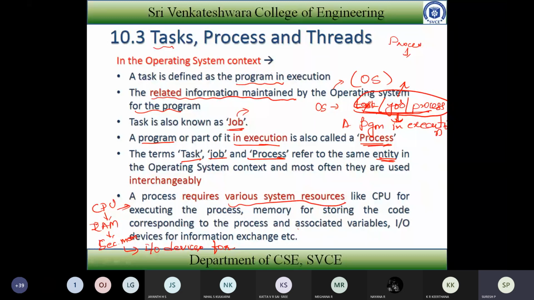As we have already discussed, a variable is nothing but a named memory location, so I should have some storage space to hold it. Then you are going to have interactions with the outside world, giving input through the input unit, and for that data exchange you should have IO devices. So this is the basics of the process.